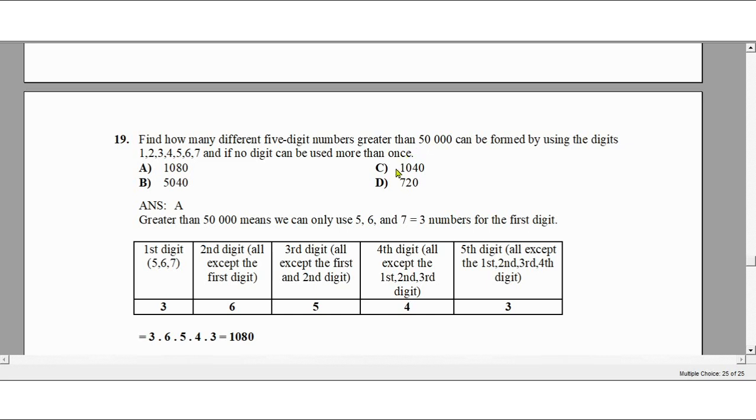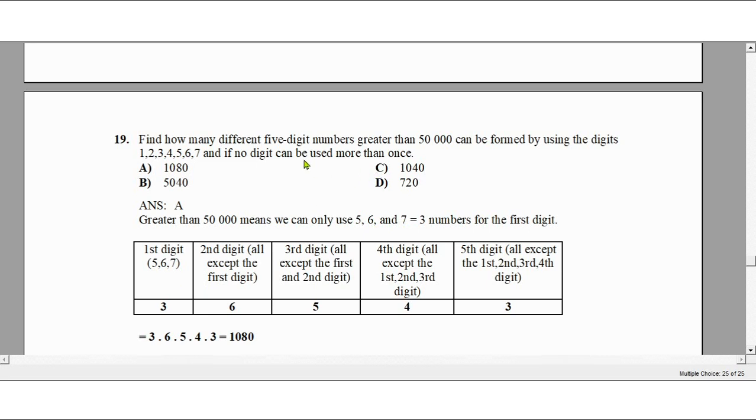It should be greater than 50,000. Greater than 50,000 means we can only use 5, 6, and 7 for the first digit, because it will be 50 something or 60 something or 70 something, right? So only 5, 6, and 7 are possible for the first digit.